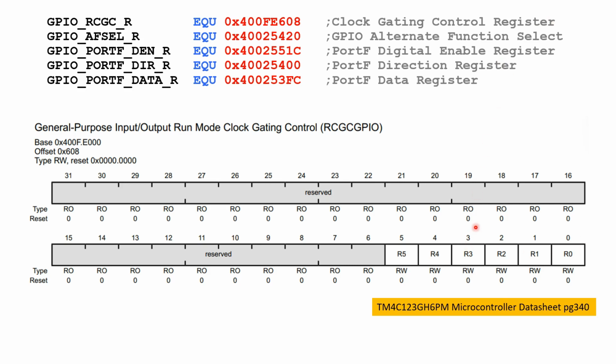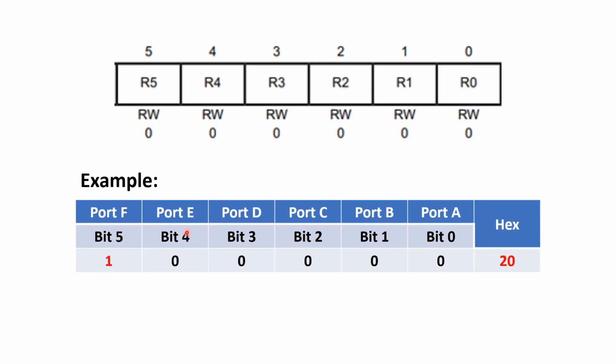All right, let's zoom in into the register here. In this example, I'm setting bit 5 to a 1 because I want to enable the clock for port F. A 1 will enable the clock for that particular port. Now, port A, port B, port C, port D, and port E are set to 0.